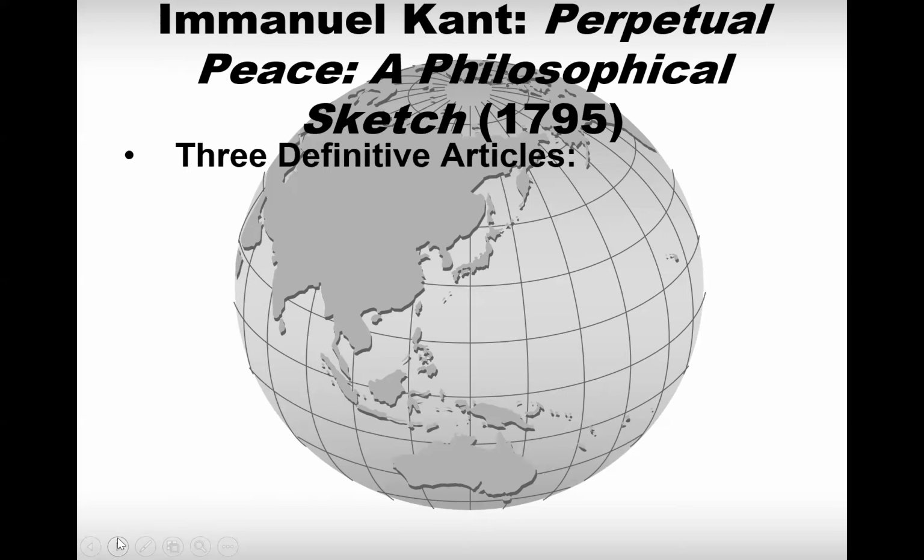Let us go back to Kant and look at his preconditions for a perpetual peace. So Immanuel Kant was an Enlightenment philosopher. He was someone who was a Republican, not in an American political sense, but in a believer of the Republic and a believer in many senses in the French Revolution.